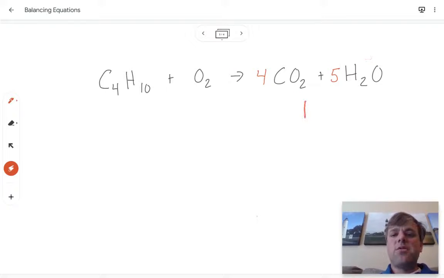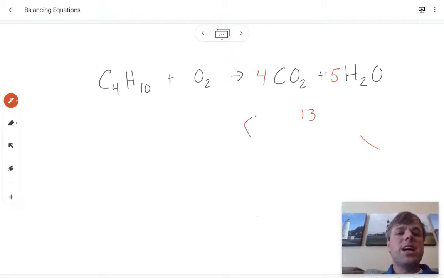So we have 13 oxygens over here. So what times 2 is 13? Well, we can say it'd be 6.5, or we could use an improper fraction in this case. 13 halves times 2 is obviously 13.